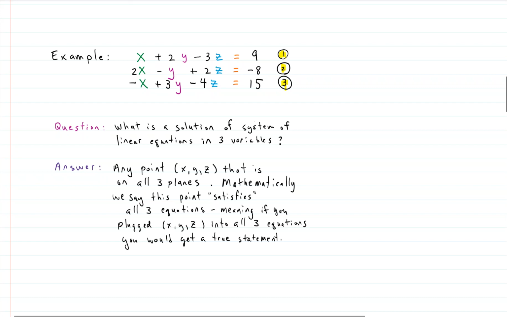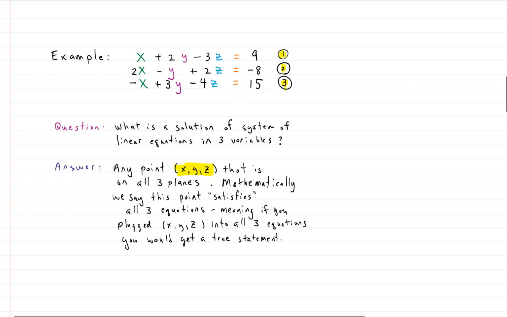Well, the answer is it's any point, which since we're in three space, you'll have an ordered triplet, x, y, z. So any point in the three space that's on all three of these planes at the same time. That is a solution. Sometimes you've got a lot of them. Sometimes you just have one.